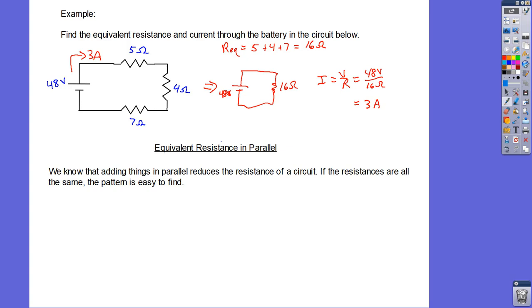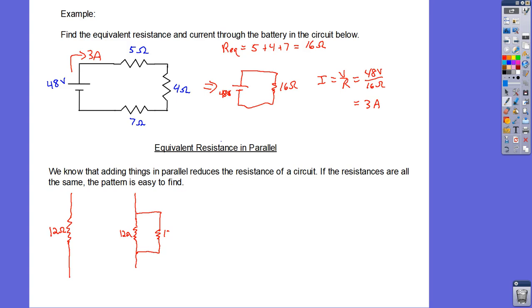Okay. Now if we start talking about equivalent resistance in parallel, let me just think of it this way. Let's start with one resistor. Let's say that's a 12 ohm resistor. Now let's take that 12 ohm resistor and put another 12 ohm resistor in parallel with that.